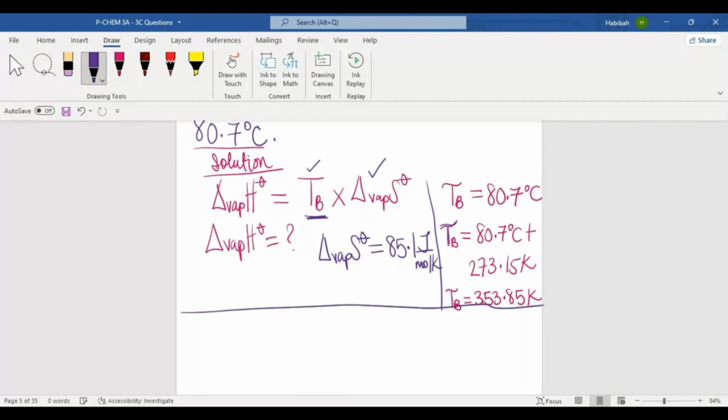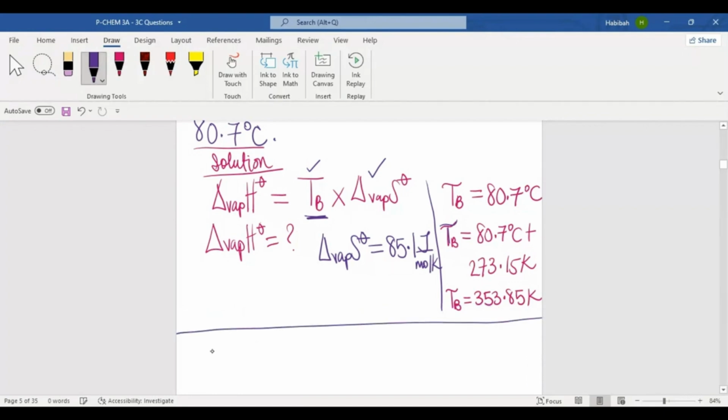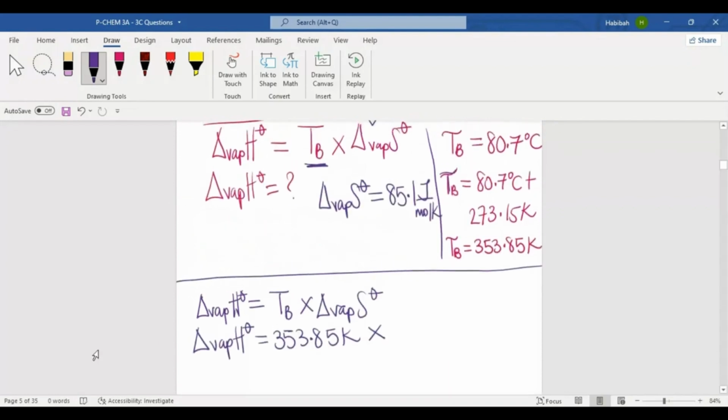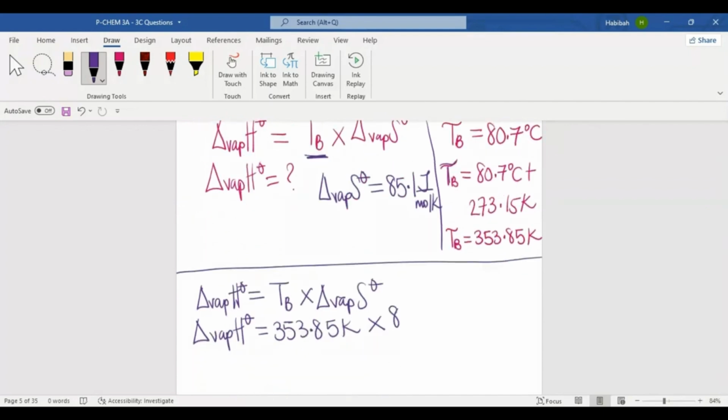So we can just substitute in this equation. Rewriting the formula and then substituting, change in enthalpy of vaporization is equal to 353.85 kelvins, that's the temperature, times the change in entropy of vaporization, which is 85.1 joule per mole Kelvin.